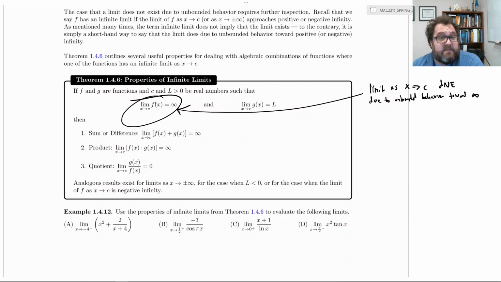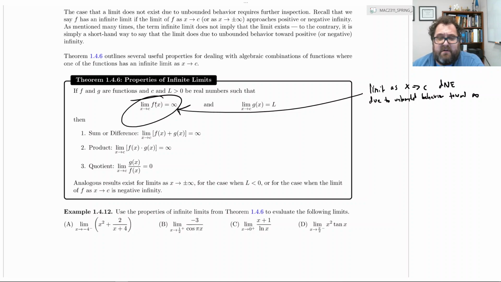The notation is important, and we have a few properties here that will help us evaluate limits whenever we have unbounded behavior. All the limits we've been dealing with lately in those analytic examples, using the squeeze theorem, rationalizing the numerator, simplification, factor and divide, all resulted in finite limits.